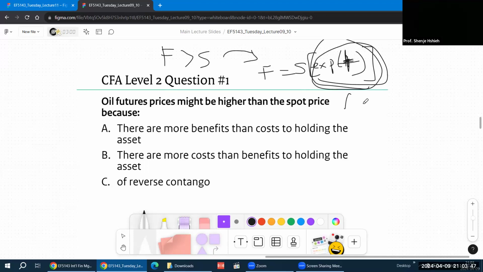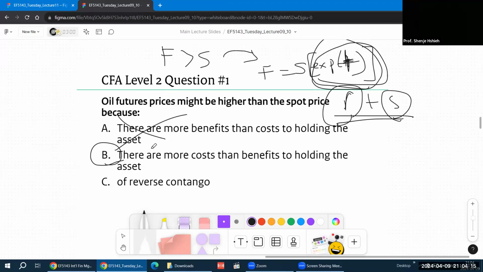So either R is large or those convenience parameters are very low, or there's a cost of storage, plus S. S is large or R is large. So are there more benefits than costs of holding onto the asset? No. Are there more costs than benefits to holding onto the asset? Yes, because I said those costs are larger. So it elevates the S up.